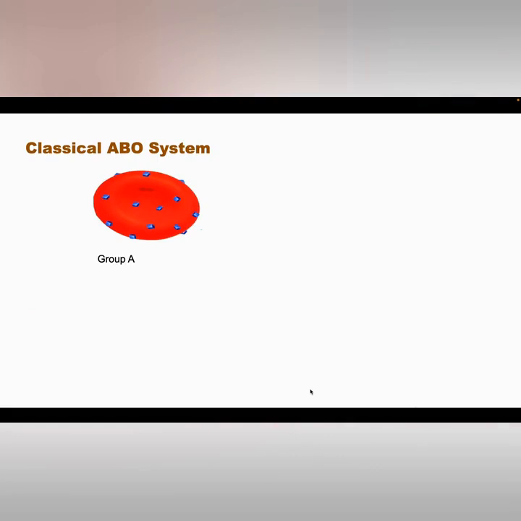The classification of the ABO system. We call it the classical ABO system. People having antigen A on the membrane of the RBC and antibody B in the plasma are called A blood grouped people.